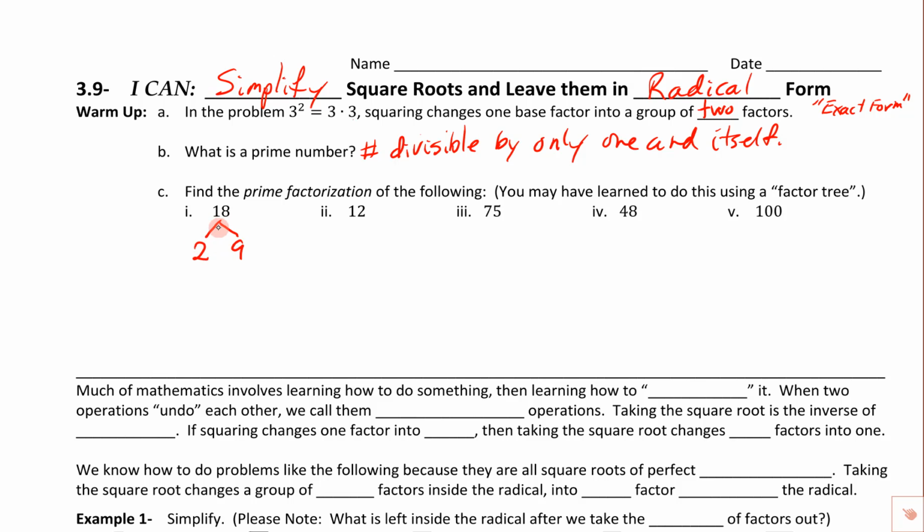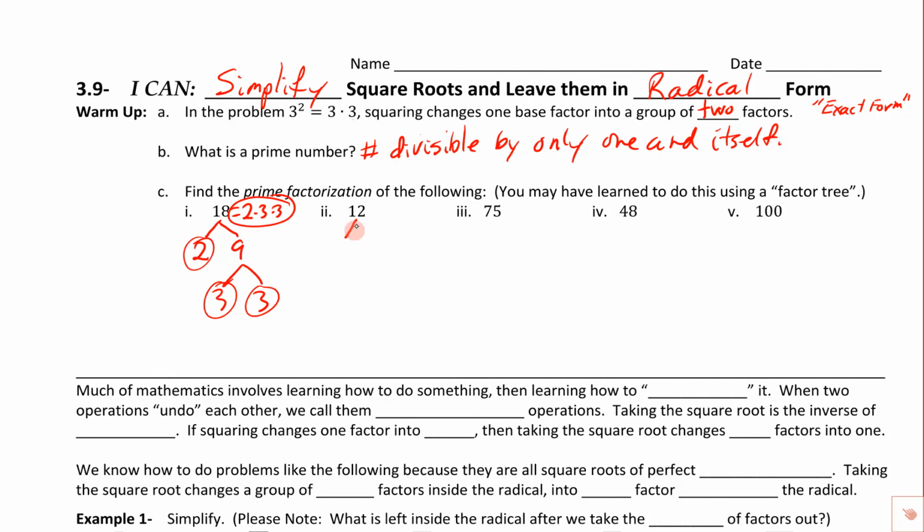So 2 times 9 is 18, and 2 is a prime number, so we're going to stop right there. And then we break this down. 9 is 3 times 3, and we end each one of the branches at a prime number. So 18 is 2 times 3 times 3. That's how we would write the prime factorization of that.